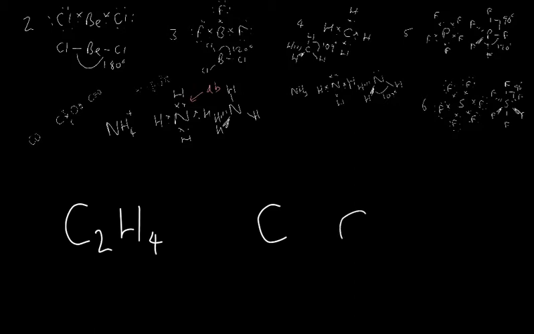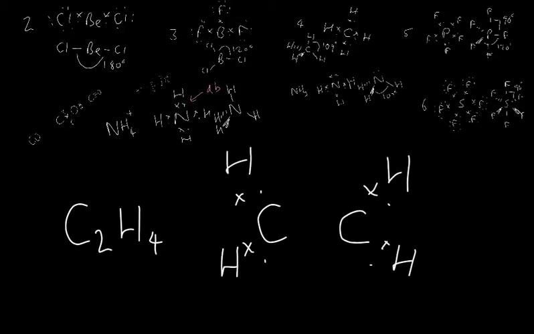So if we bond the carbons to the 2 hydrogens, we get something that looks like this. Then each carbon still has 2 electrons to play around with, so we can form a double bond in the middle that looks like this. And the double bond counts as one group of bonding electrons as far as shape is concerned.